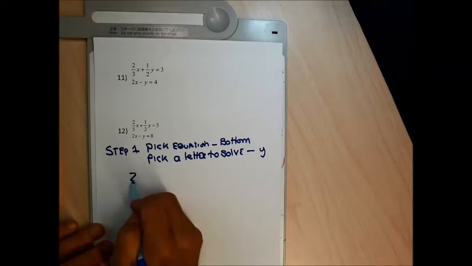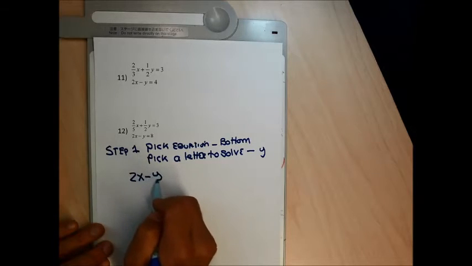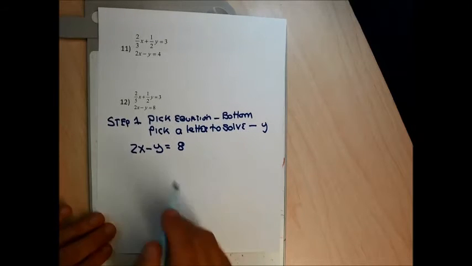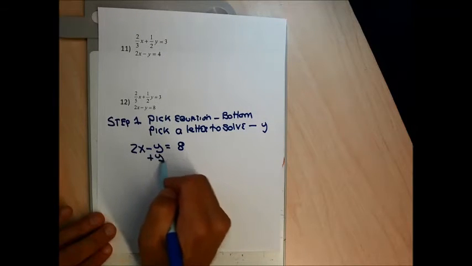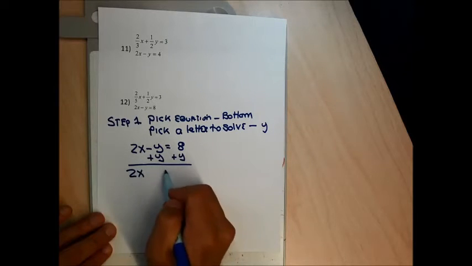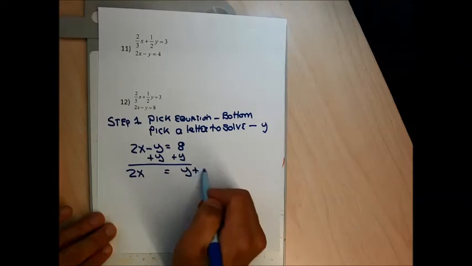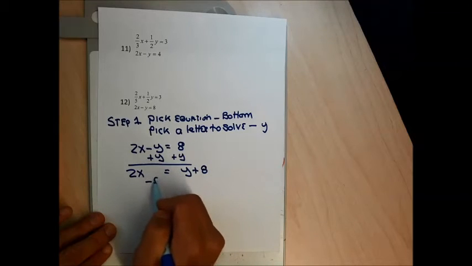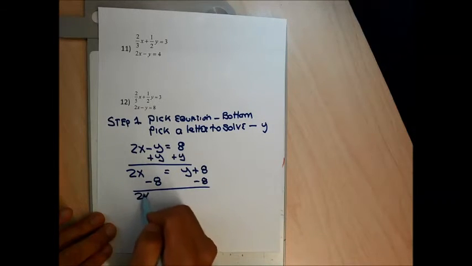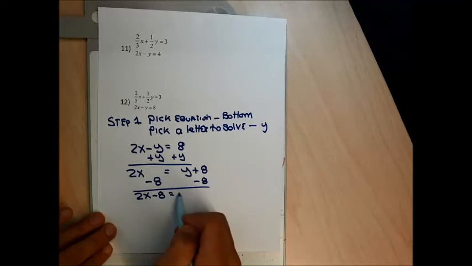So my step 1, I'm going to take this 2x minus y equals 8 and solve it for y. That's going to take 2 steps. First, I'm going to add y to both sides. That's going to give me 2x equals y plus 8. And then I'm going to minus 8 from both sides. That's going to give me 2x minus 8 equals y.